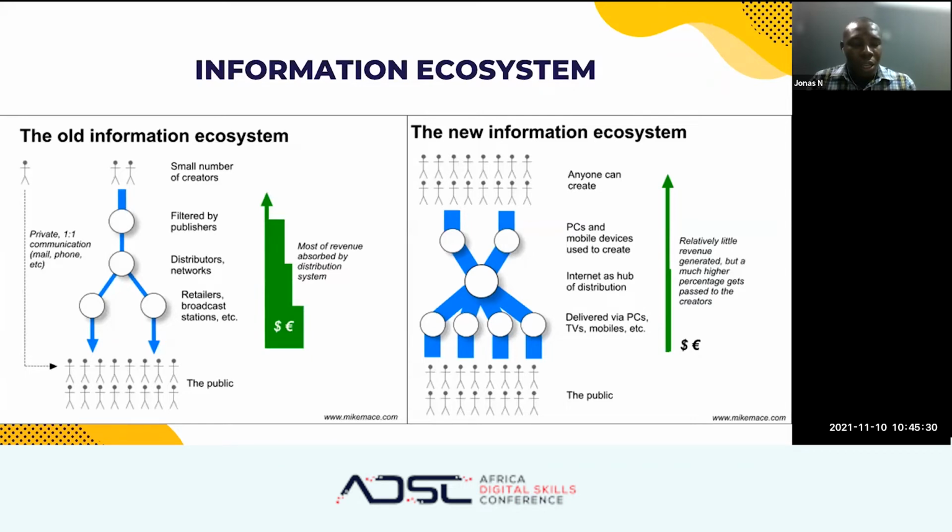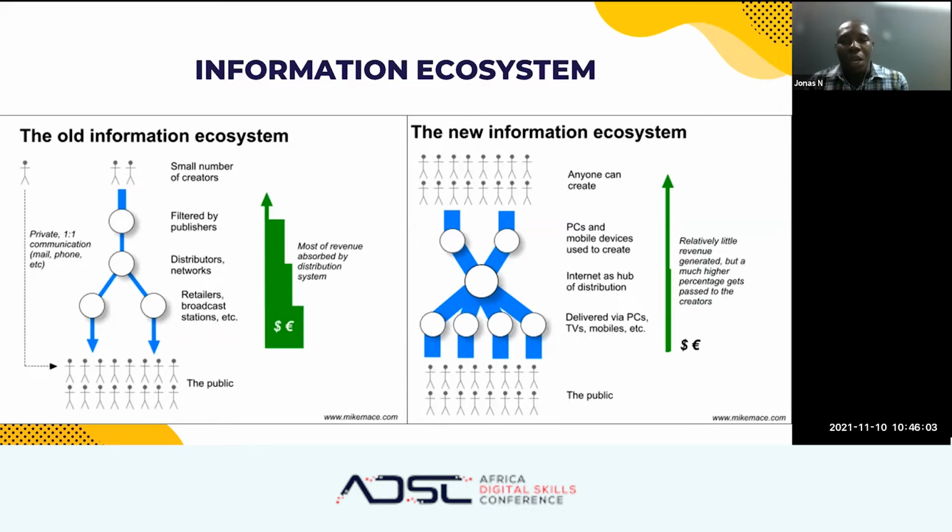For instance, in the old information ecosystem, if you are in South Africa and a brand wants to advertise, because there were very few content creators, let's say SABC, the South African Broadcasting Corporation TV channel, they essentially have a bulk of the revenue because there were very few content creators to share that same pool of resources.